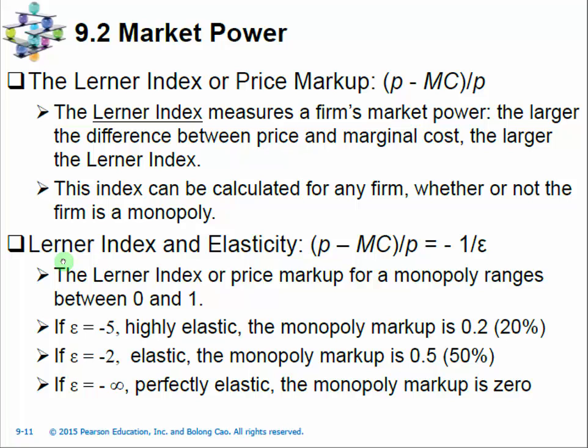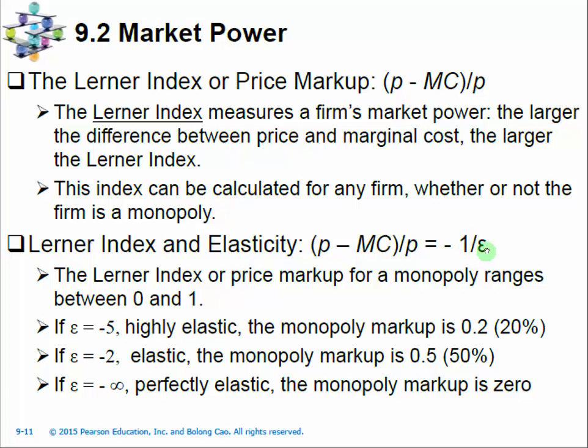From what we have seen, based on the monopolist pricing strategy, profit maximizing pricing, the Lerner Index has a clear economic meaning. It's the negative of the inverse of the price elasticity of demand that the monopolist is facing.